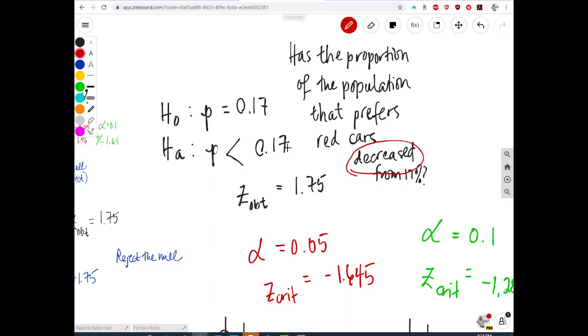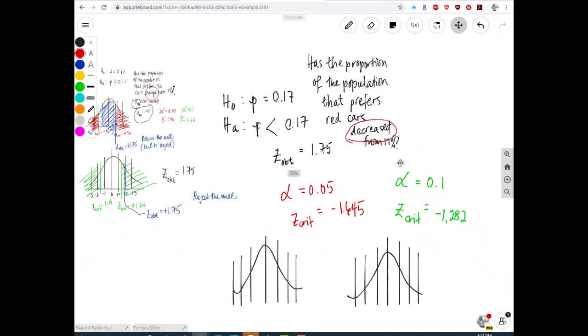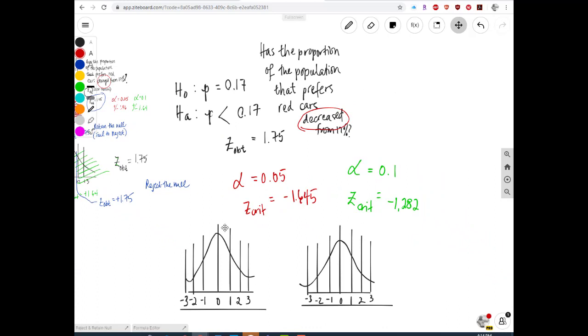And just for the sake of all of us, I went ahead and prepared by making my curves in advance. I also prepared by writing down the alpha levels for 0.05, which is the same thing we did the last time, and an alpha of 0.1 as well.